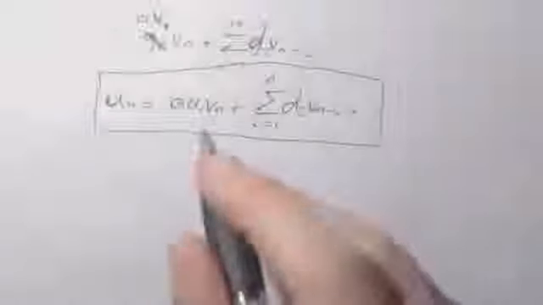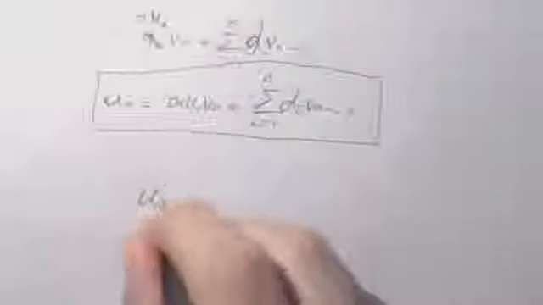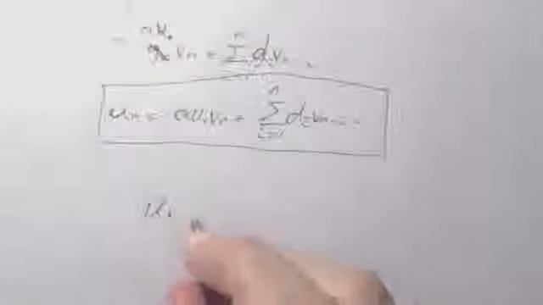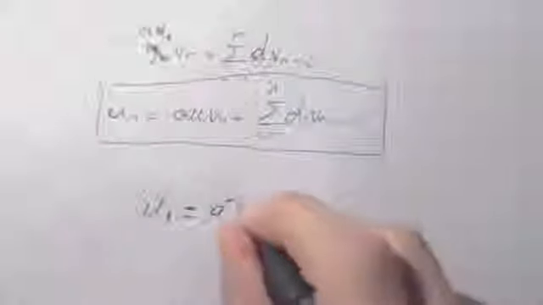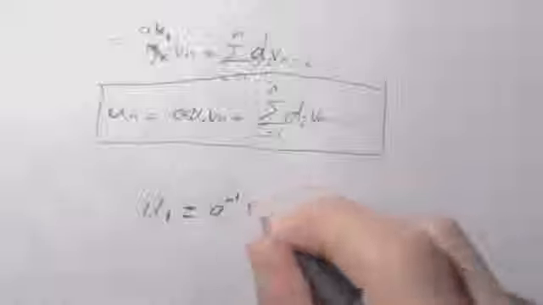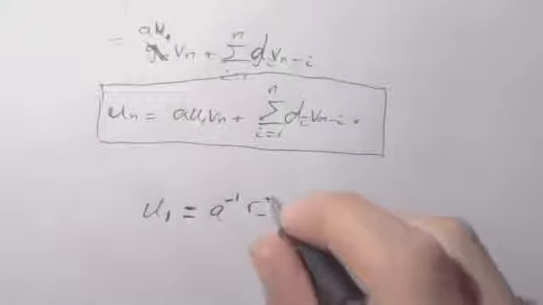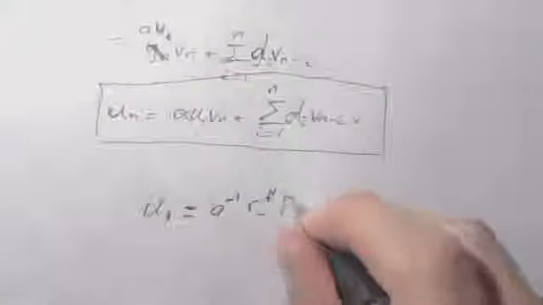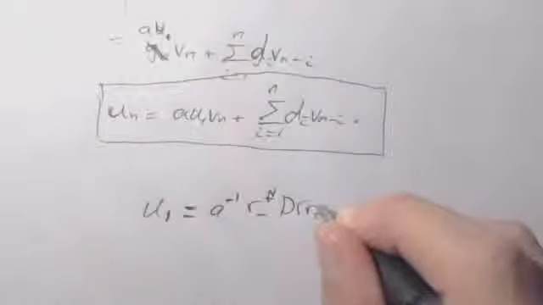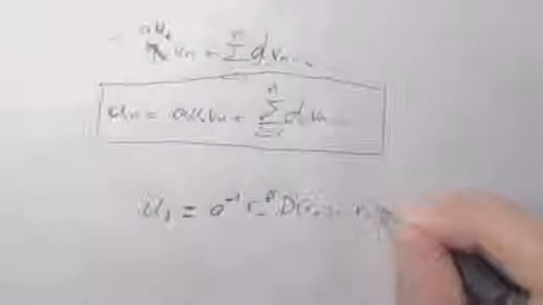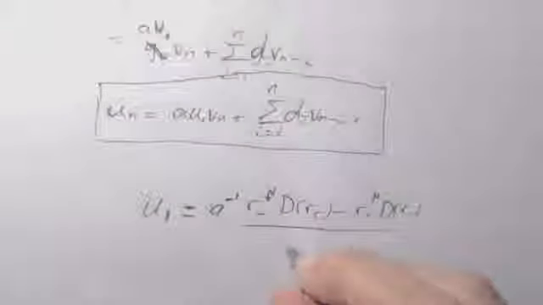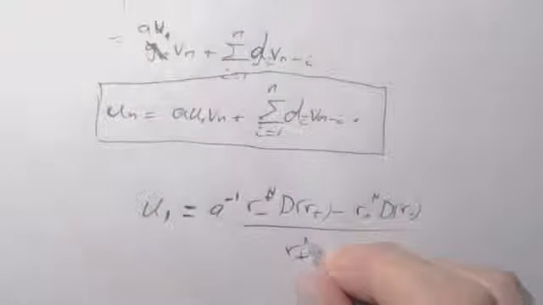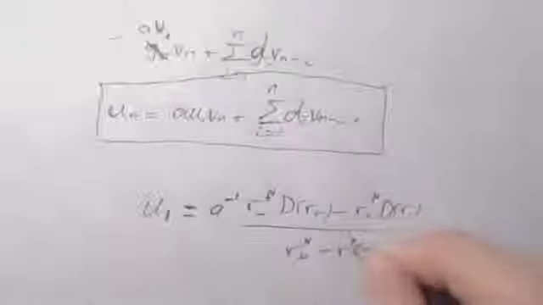Next question is, well, what is u1? And we did this before. It is a to the minus 1, then r minus to the n d r plus, minus r plus to the n d r minus, minus r plus to the n minus r minus to the n.